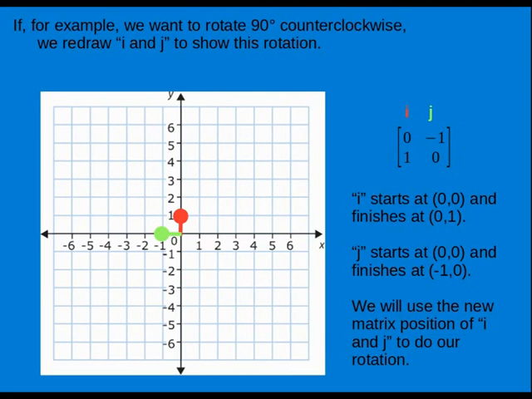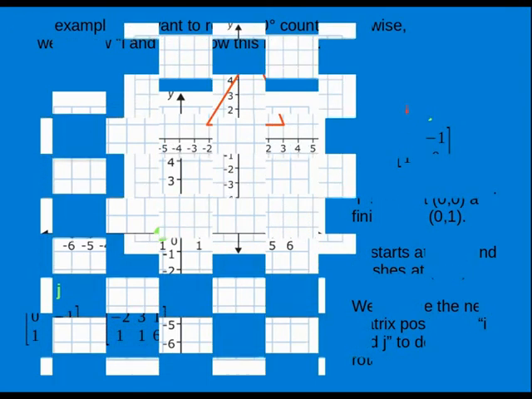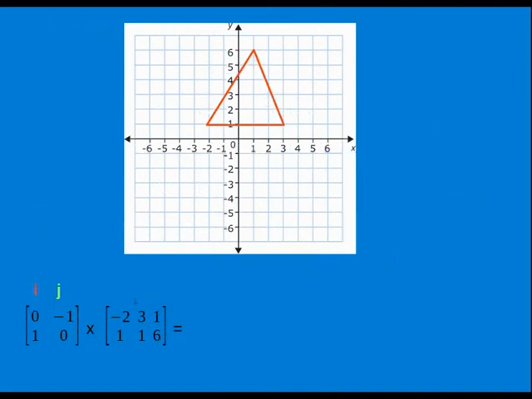We're going to use this matrix to do our rotation. So here we have our triangle again, and we brought along our ij matrix showing a rotation of 90 degrees counterclockwise. We'll multiply these together.